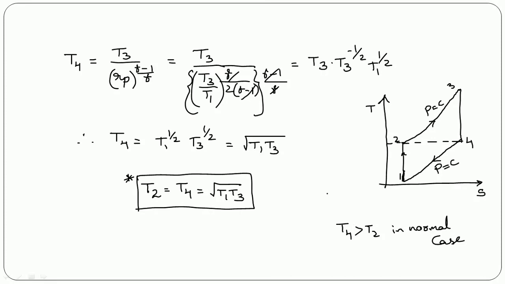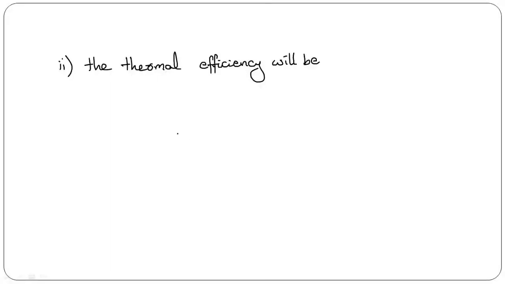Now let us go for the next point. The thermal efficiency is 1 minus 1 by Rp to the power gamma minus 1 by gamma.